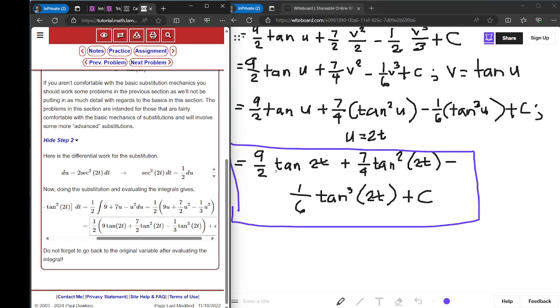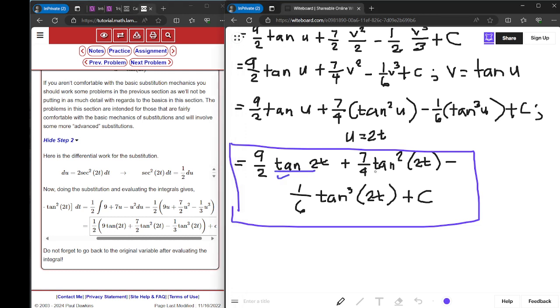Then tangent 2t, this is correct. 7 over 4, if you multiply 1 half here, the result is 7 over 4. Tangent squared of 2t, still correct. Minus, if you multiply 1 half and 1/3, the result is 1 over 6. That's tangent cube of 2t, still correct, and plus c. And we got it correctly.